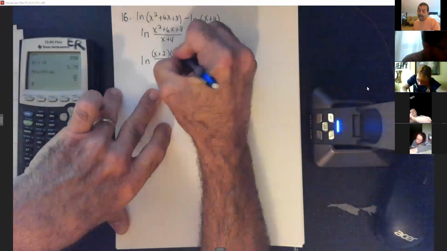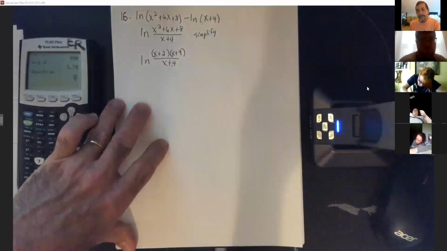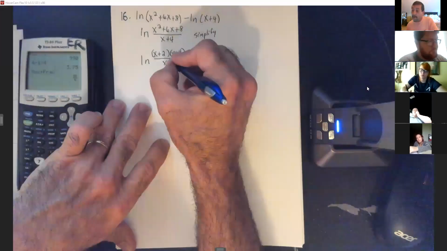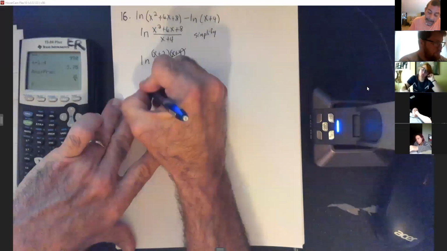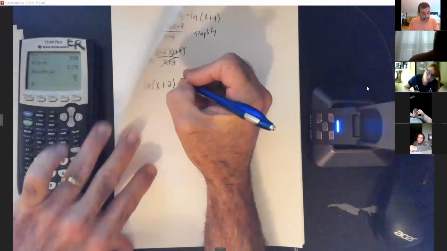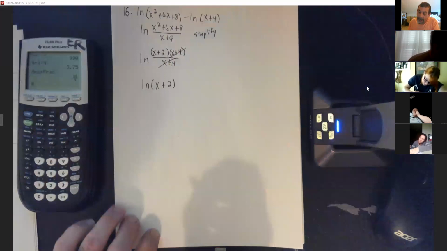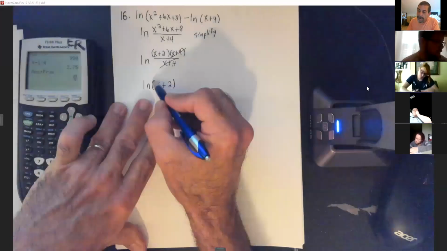So now I got x plus 2, x plus 4 over x plus 4. So guess what? We're going to cross out those x plus 4s because they cancel. So my final answer is the ln of x plus 2. Now, if you have to write this in MATLAB, make sure you put that x plus 2 in parentheses because it's all being affected by that ln, okay?